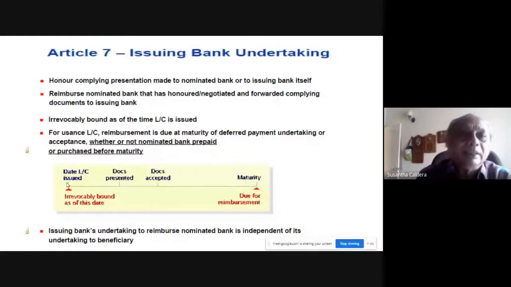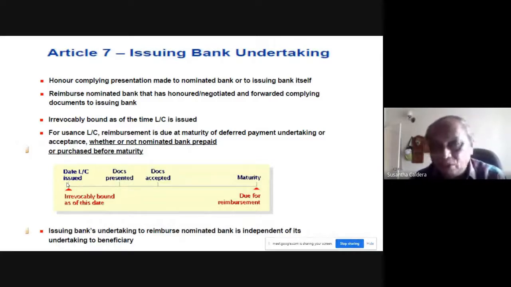Okay. On a compliant presentation made to a nominated bank or to the issuing bank itself, the issuing bank is undertaking. Then, as I told you, the issuing bank is the ultimate paying bank.